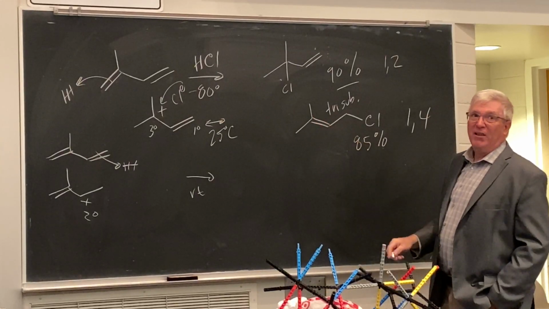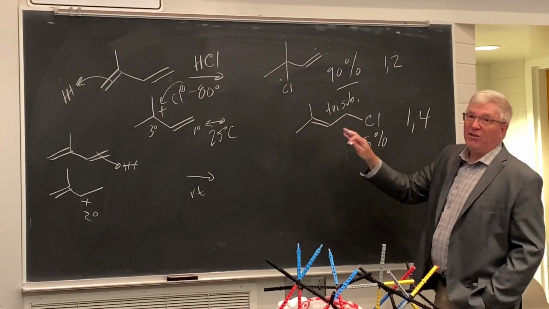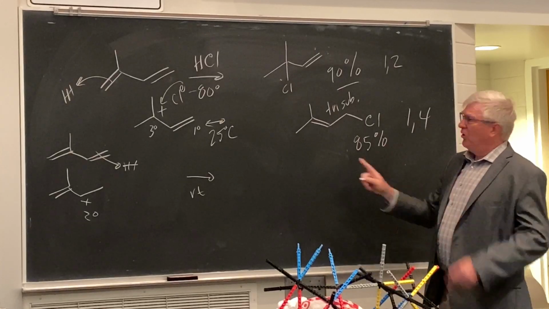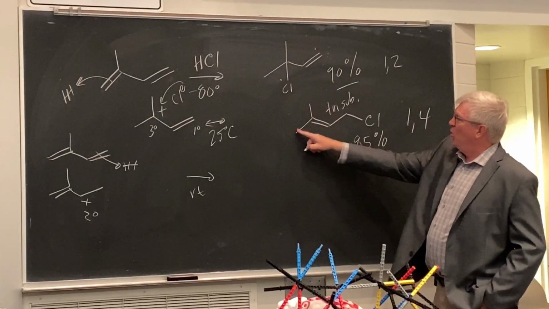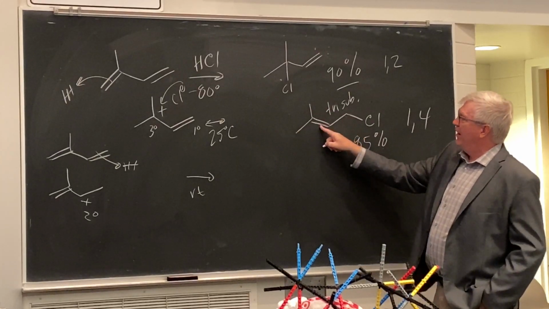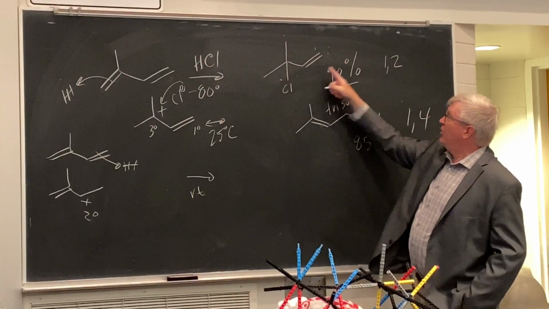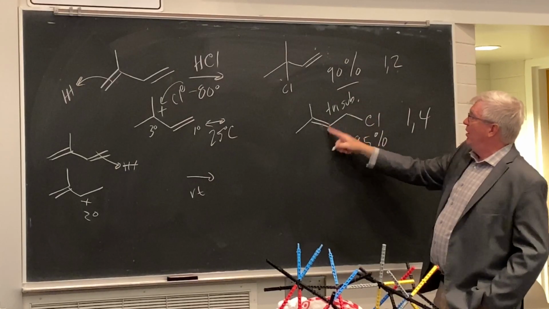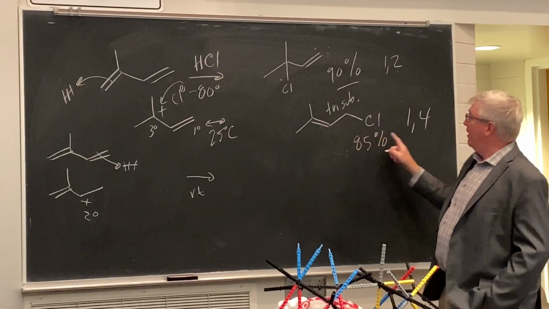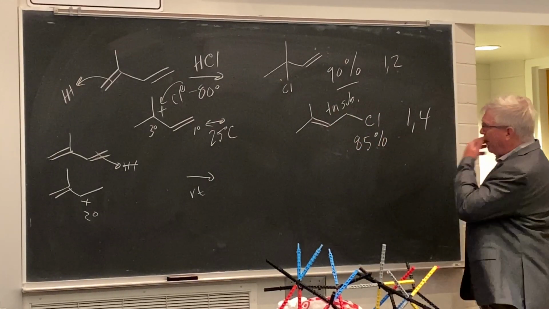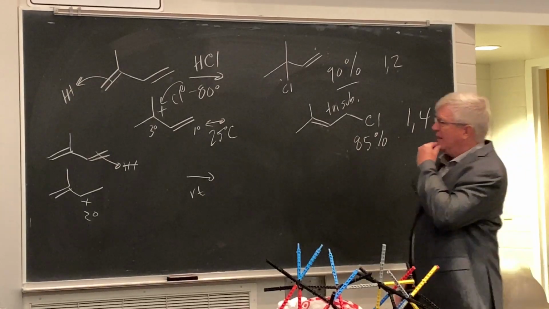Remember, alkene stability has to do with how many carbons are around there. And that's a consequence of hyperconjugation. There's more carbons around this alkene that can help stabilize that alkene relative to this one. So this one happens faster at low temperatures, 1,2. This one is a more substituted alkene, higher temperatures, 85% yield, okay?